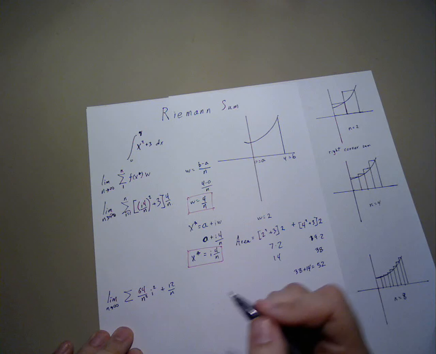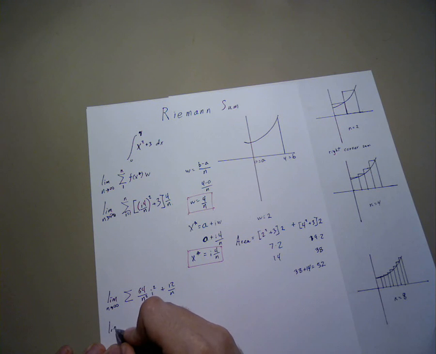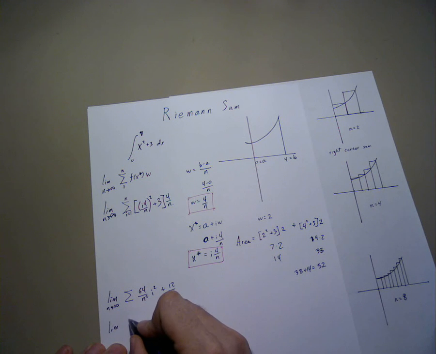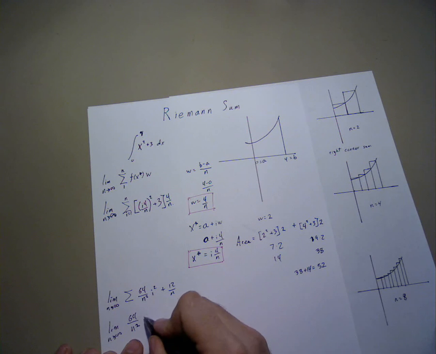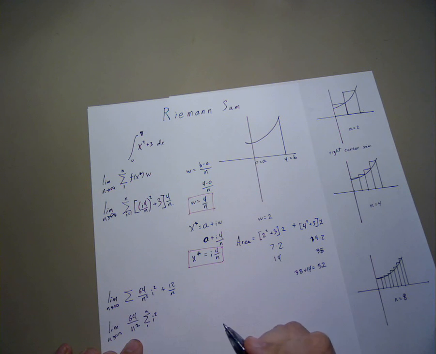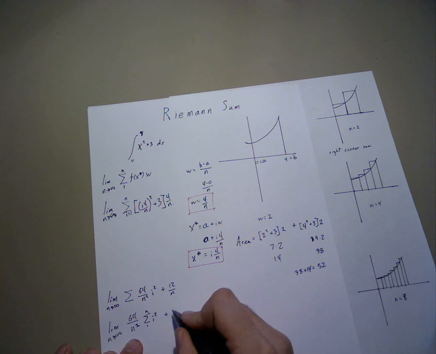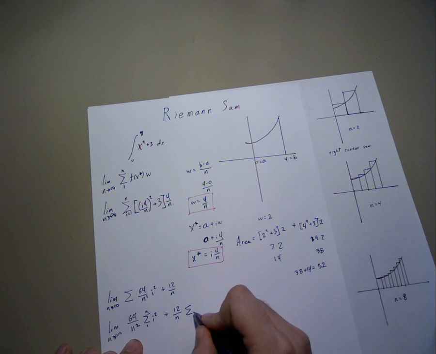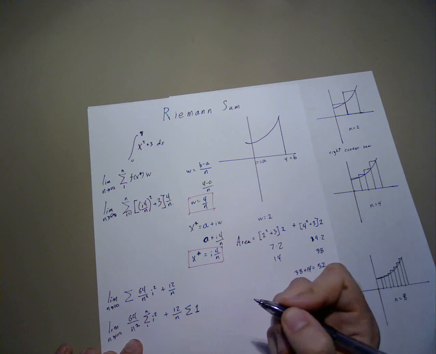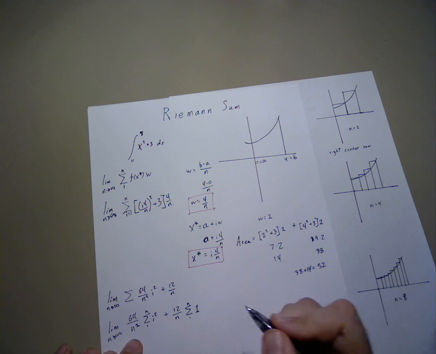We can simplify this by writing the limit of 64 over n squared, summation of i squared, from i equals 1 to n, plus 12 over n, summation simply 1, from 1 to n.